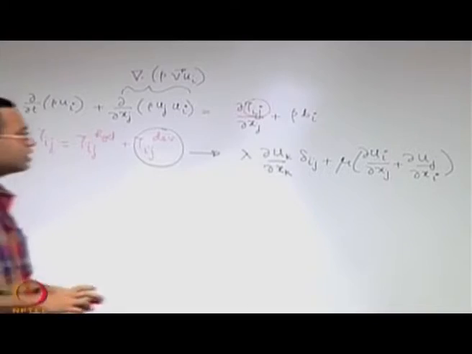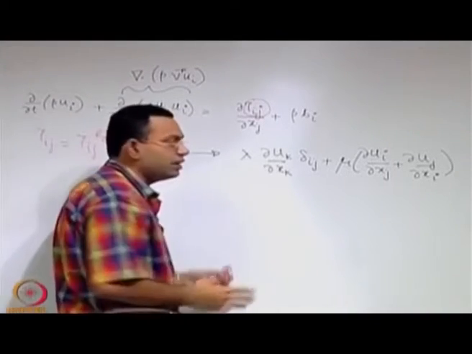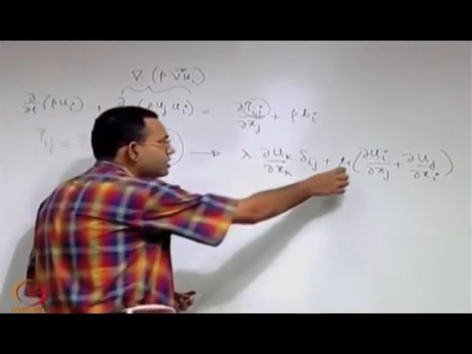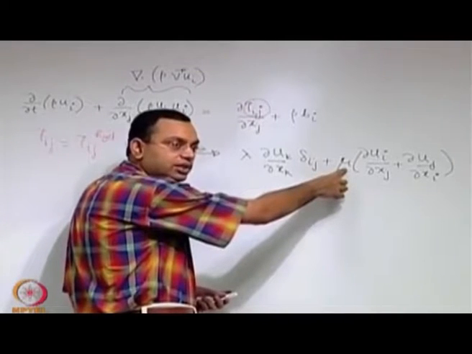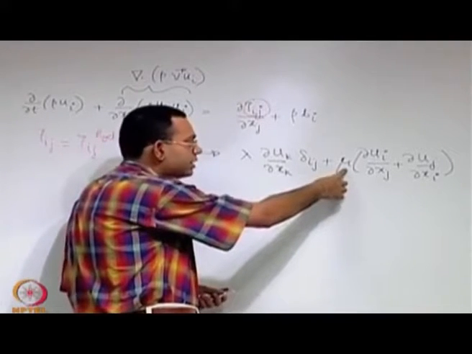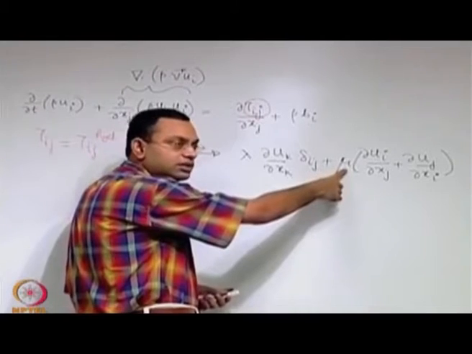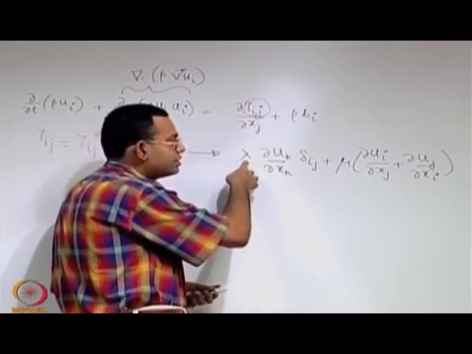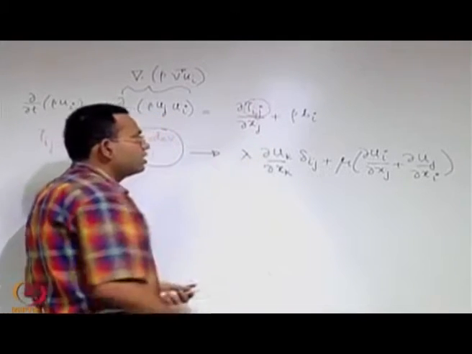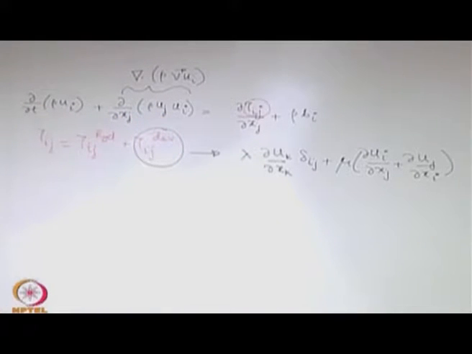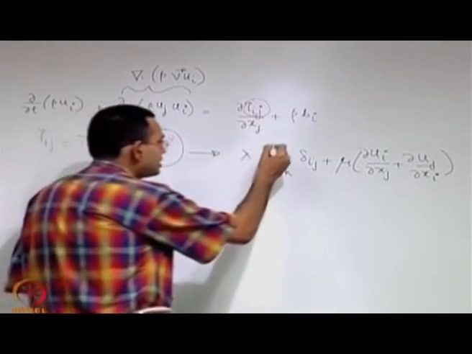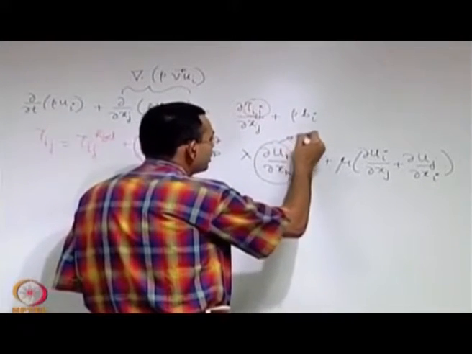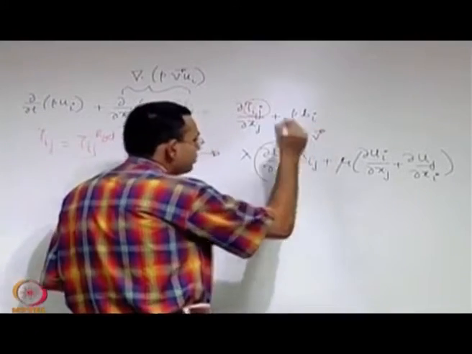Out of our basic understanding of viscosity, we figured out that this mu is the same as the viscosity coefficient that we learnt sometime back in the elementary discussions in our course, and lambda is a constant known as the second coefficient of viscosity, related to the volumetric deformation of the fluid element, because this term is nothing but the divergence of the velocity vector.